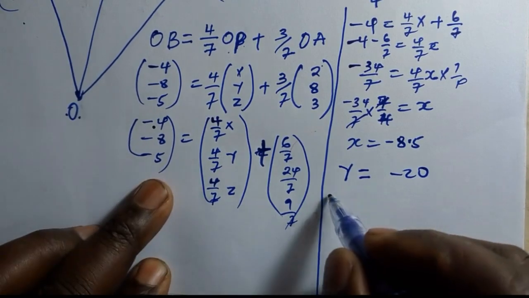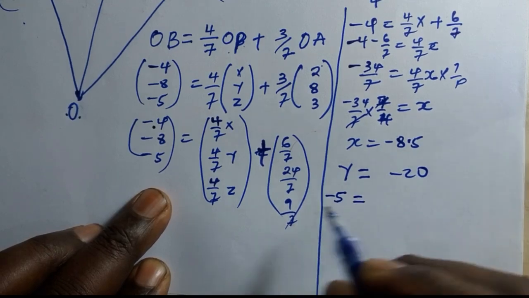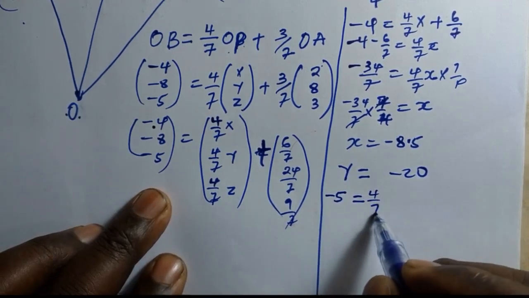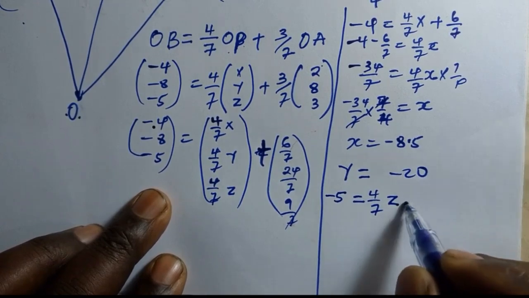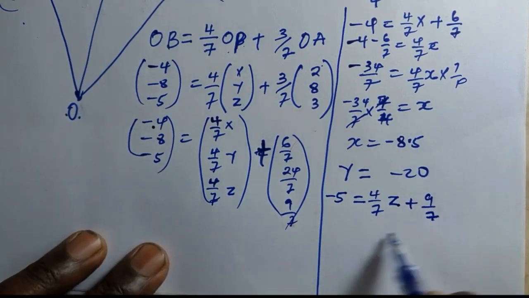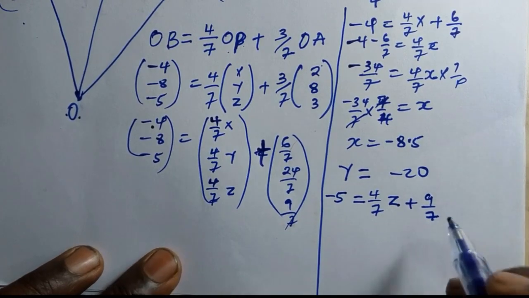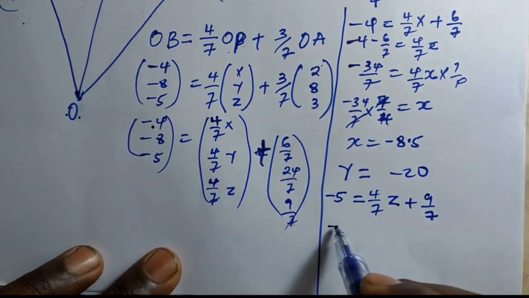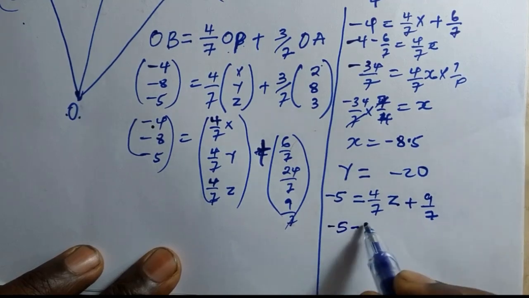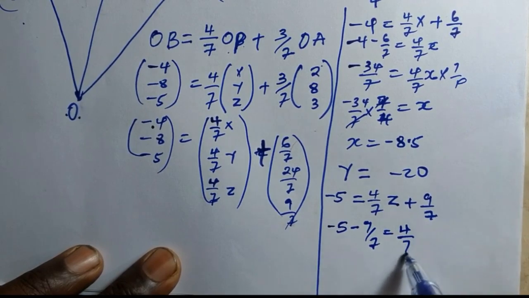Z utachukua negative 5 is equal to 4 over 7z plus 9 over 7. Like terms together, take this to the other side. Ukichukua hii side itakuwa minus 5 minus 9 over 7 is equal to 4 over 7z.